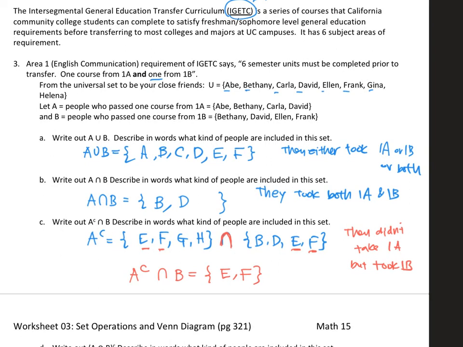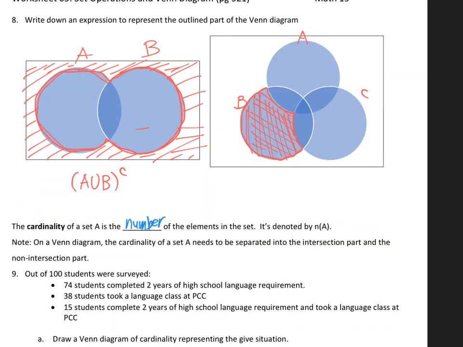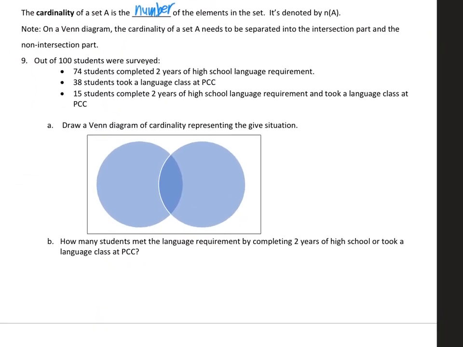What's the cardinality of A union B? I have 1, 2, 3, 4, 5, 6 people in it. So cardinality is 6. It just means how many people are in there. And for part B, A intersection B, for this example, cardinality is 2 because there are 2 people in it, right? So let's go back to number 9.